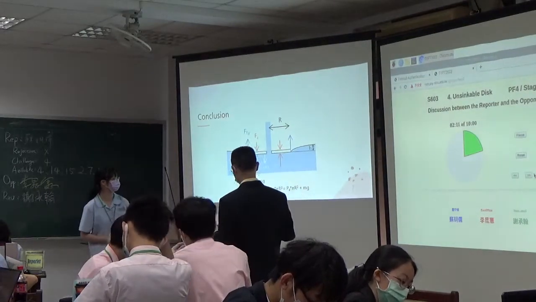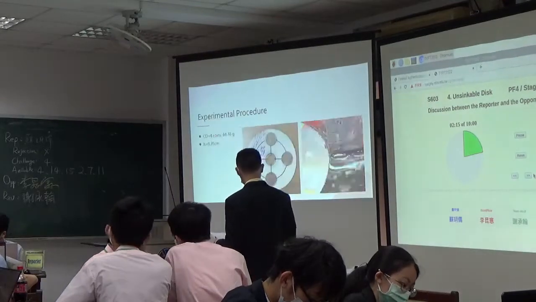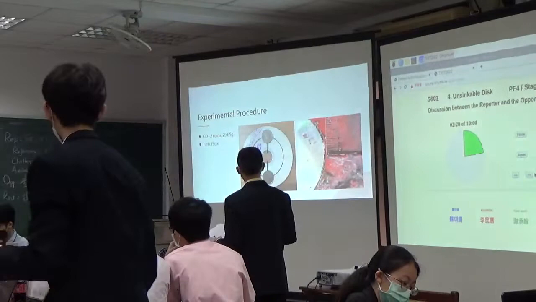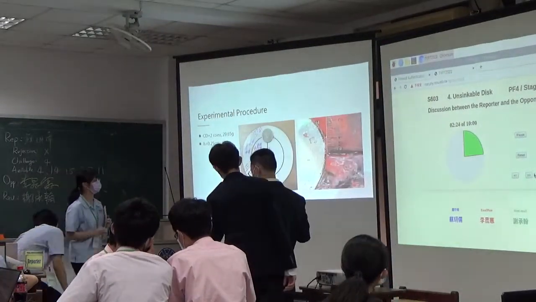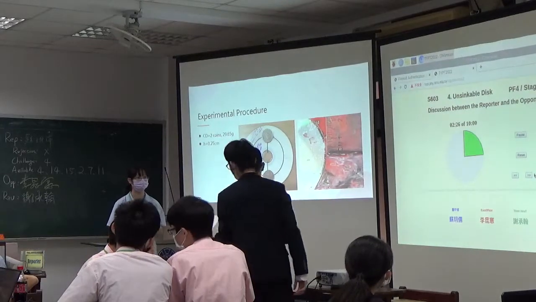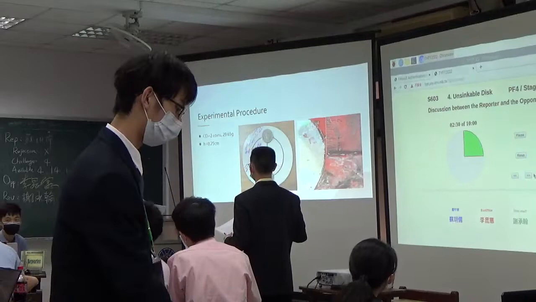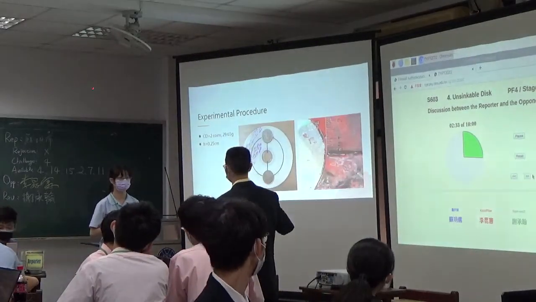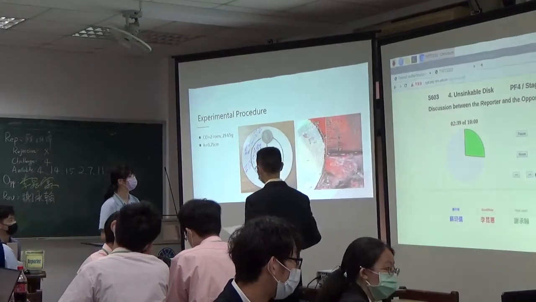And in your experiment, you put a coin on the CD, and when you close down the water, the CD can float. Yes. So you calculate the distance between the CD and the water surface.